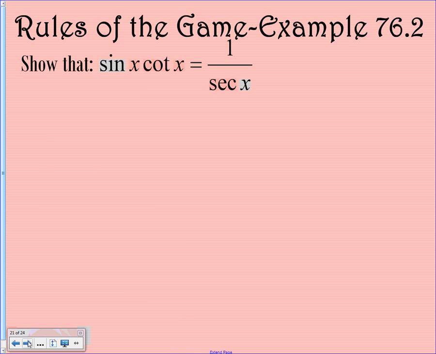Show that sine of x times cotangent of x equals 1 over secant. Again, the side that we're going to want to pick on this one is the left side, because all we can really do to the right side is make it cosine, because 1 over secant is cosine. So you start by writing the left-hand side down, because that's the side we're going to work with. Now, sine can't really be simplified or rewritten.